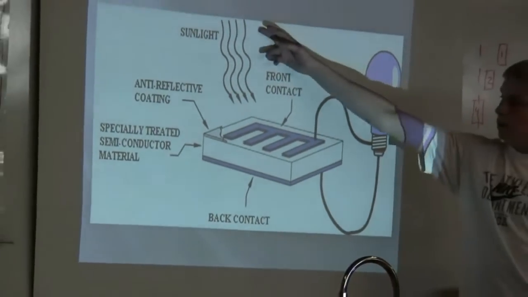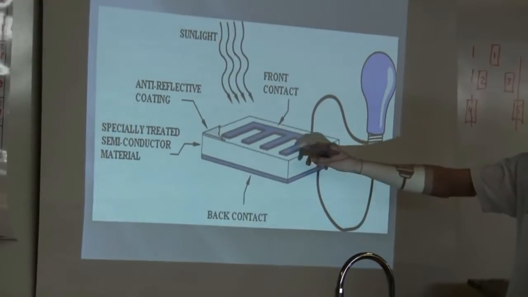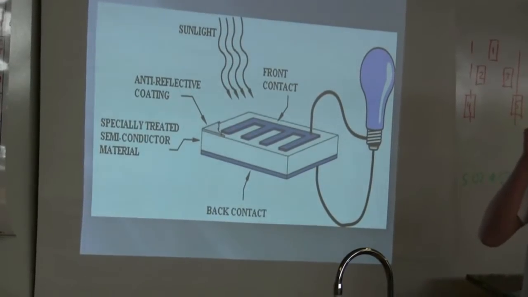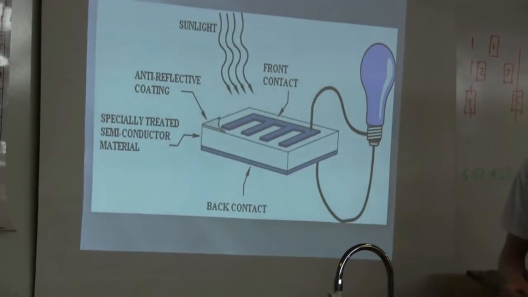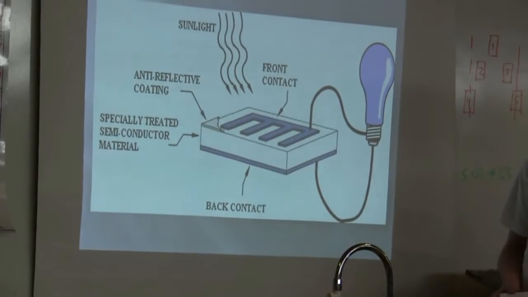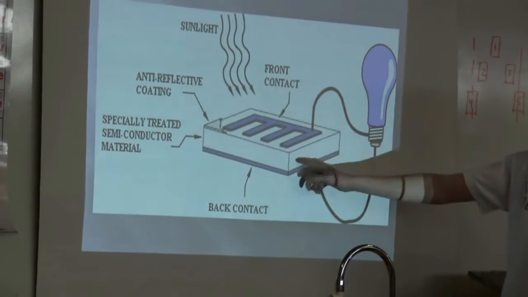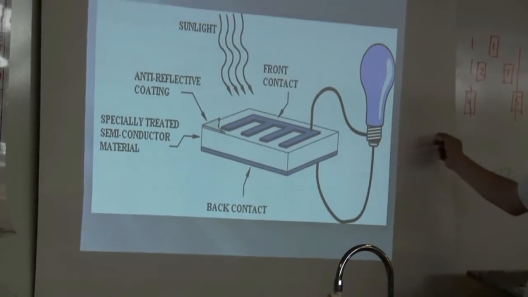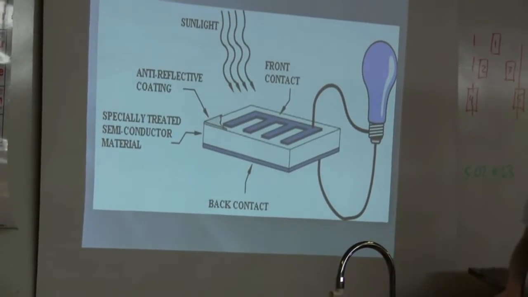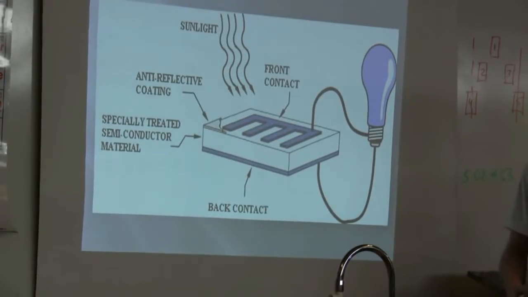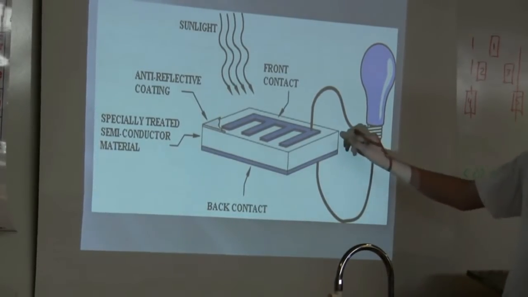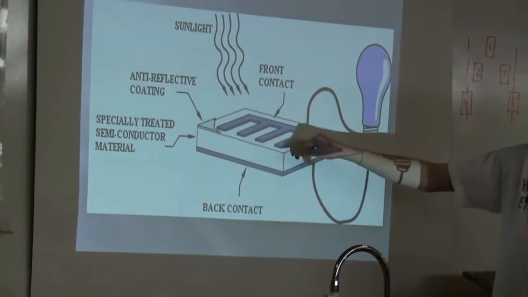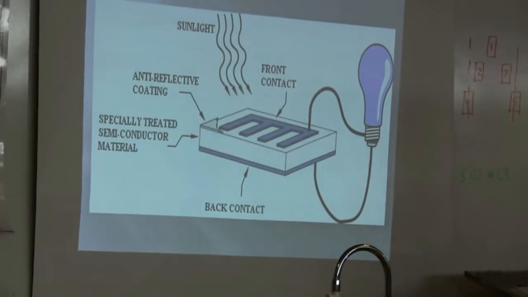So sunlight, once it enters this solar cell, a chemical reaction occurs where electrons are released, and due to the design of these cells, the electrons are brought to the bottom of the cell, the negative part, and are run through a wire where they can be converted into alternating current, which is used by houses and stuff. And then these electrons are brought back into the cell where the reaction can happen again.